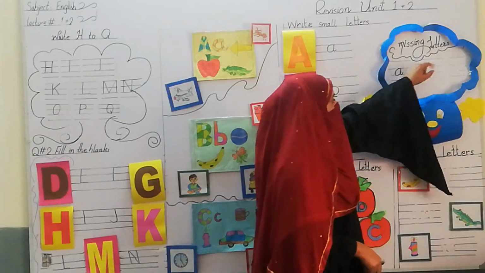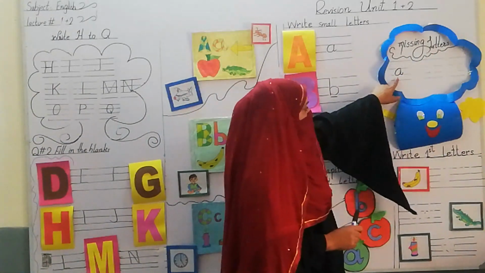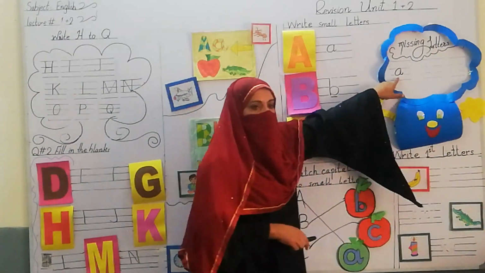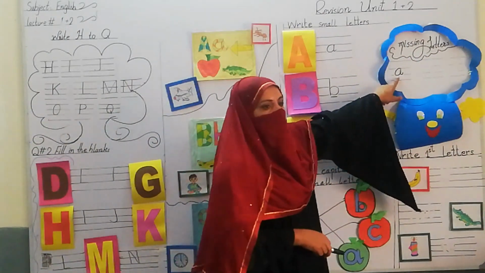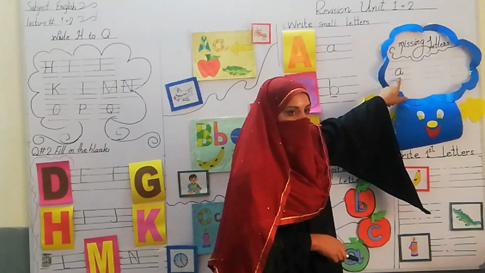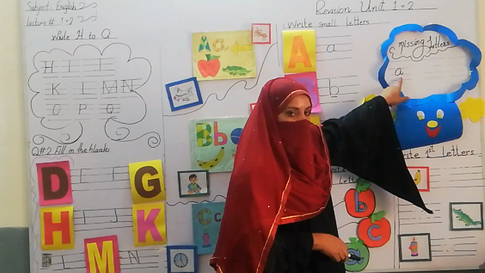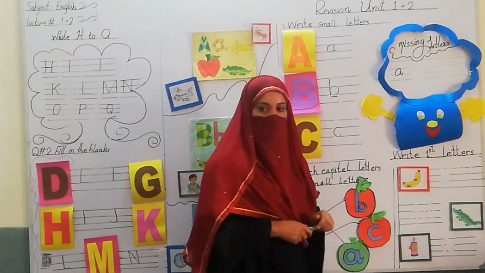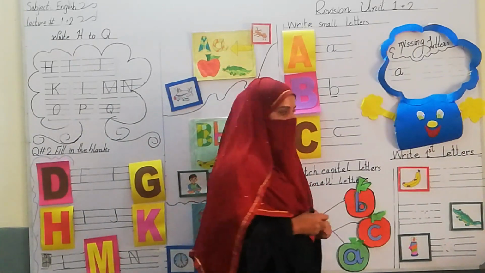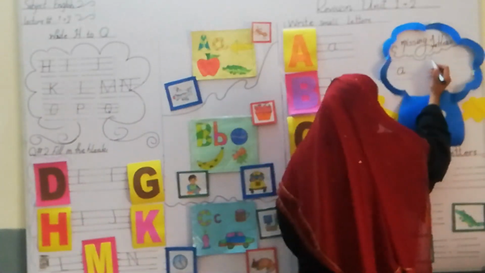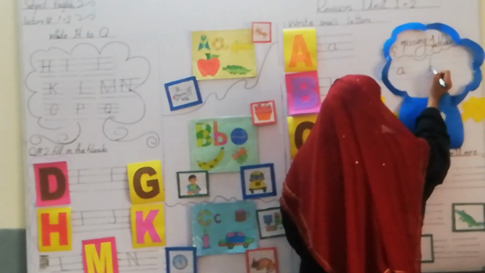Missing letters. Okay, nursery class. Can you tell me which letter is this? This is the letter A. Let's make the sound A. What comes after A? B. Right here B. Write B like this.